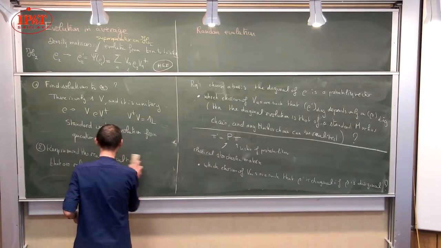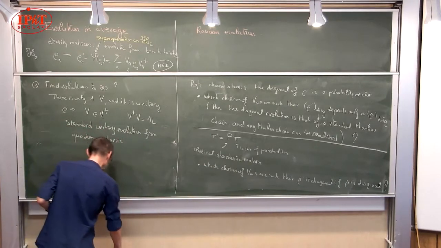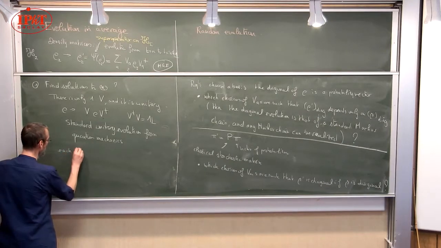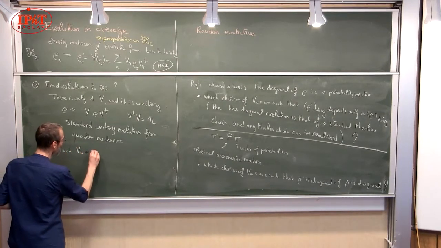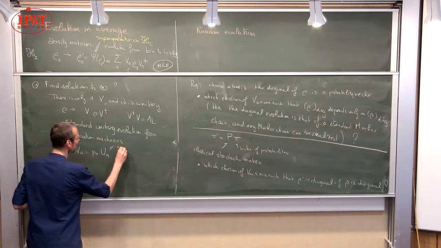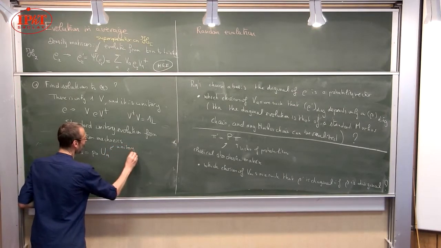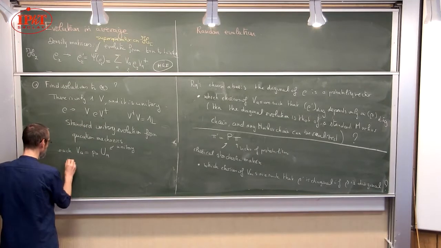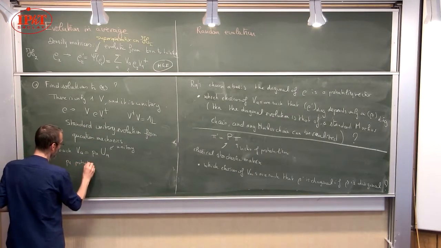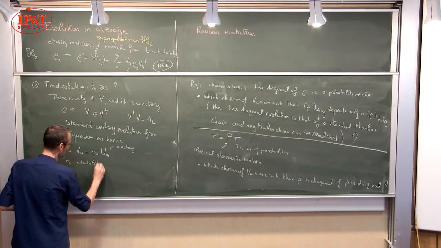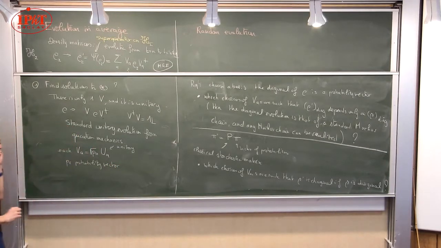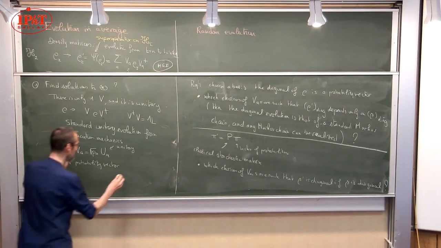Imagine that each VA is of the form square root of PA times UA, where UA is unitary and PA is a probability vector.